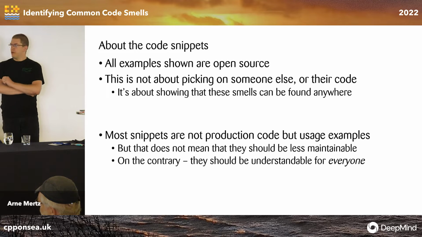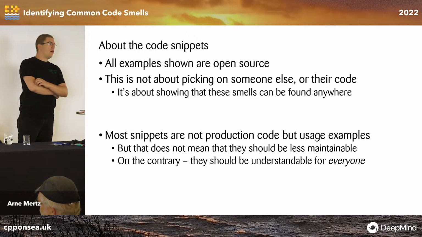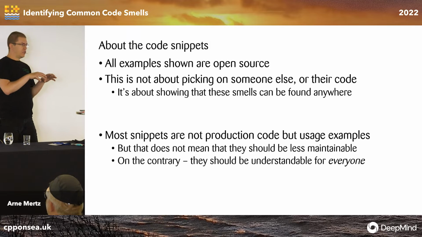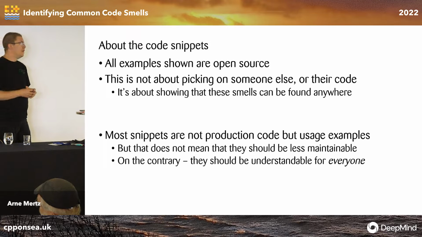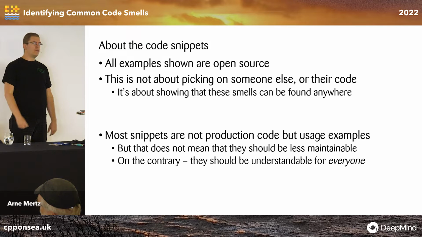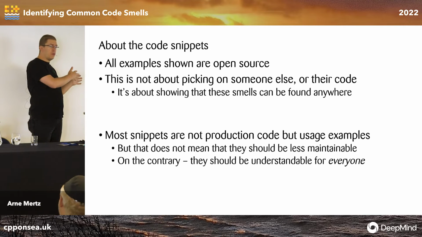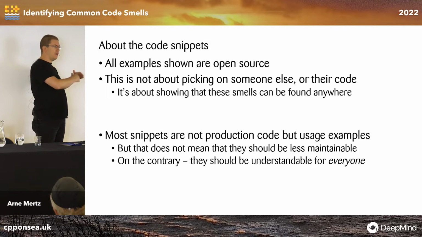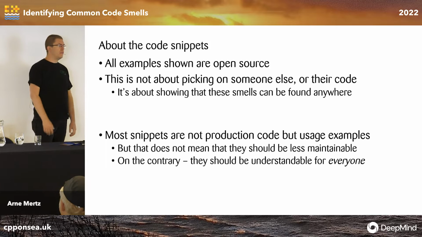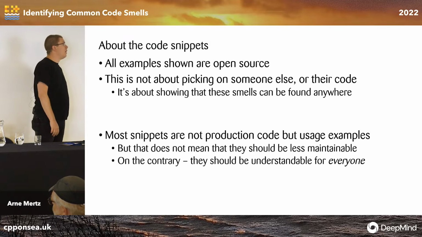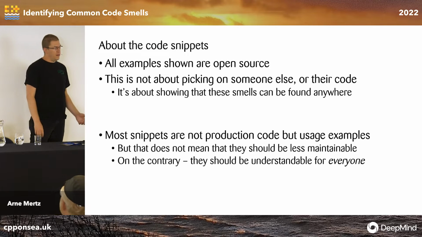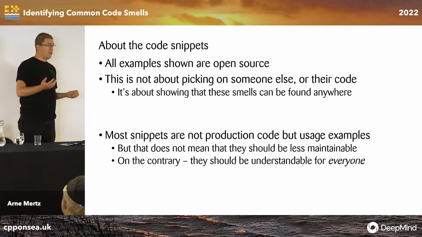Most of the snippets I will be showing are from the examples sections of those open source code bases. Meaning they're not actual production code. So if you're actually using those code bases, you won't have these code smells in your code base. But on the other hand, example code should be maintainable, especially it should be readable, right?